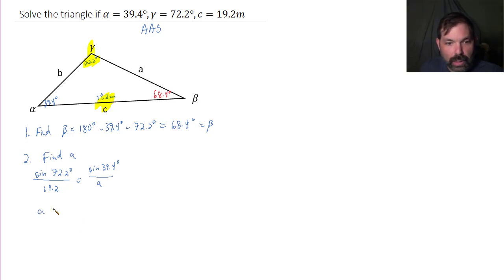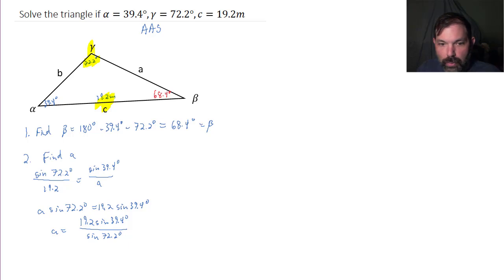Cross products, A sine 72.2 degrees is 19.2 sine 39.4 degrees. A is 19.2 sine 39.4 degrees divided by the sine of 72.2 degrees.